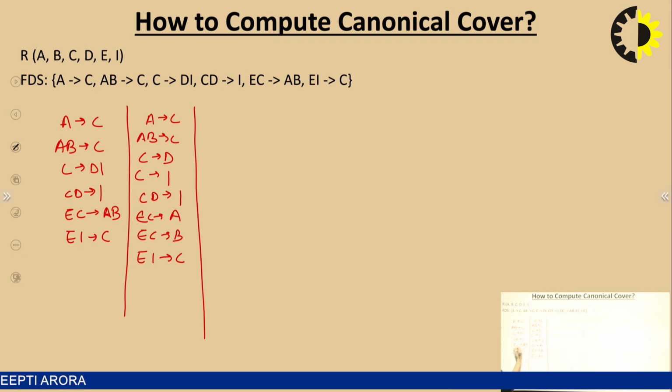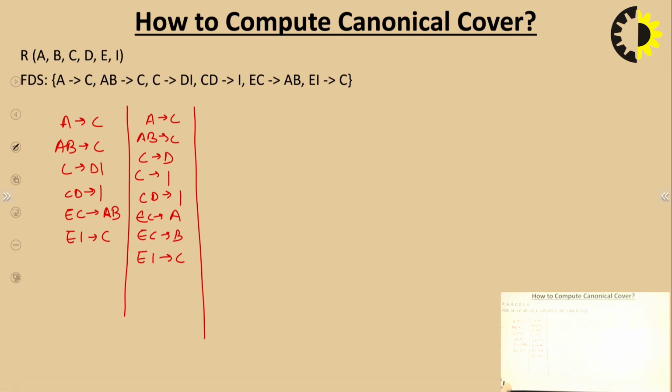Now, let us first remove the extraneous attributes of the left hand side. Determine the canonical cover of A. What are you able to compute? A can determine C, C can determine D, D can determine nothing alone. From CD we can determine I. From EI, I alone, no. CI, no, we are unable to find.